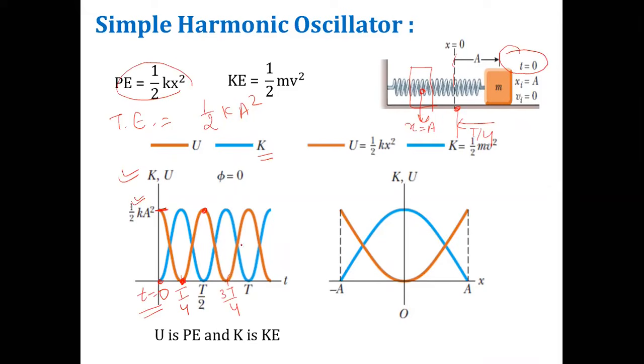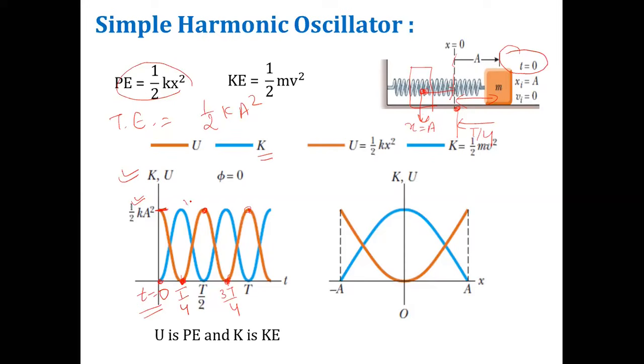At 3T by 4, your object will come back to its equilibrium position, and again potential energy would become 0. And when it completes its one cycle, it will come back to the position from where it started, and your whole energy again would be in the form of potential energy.